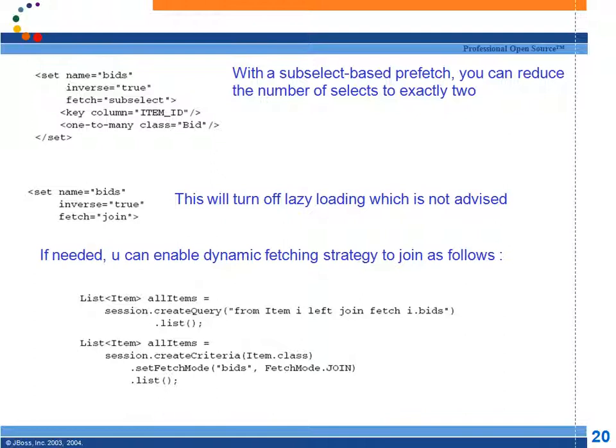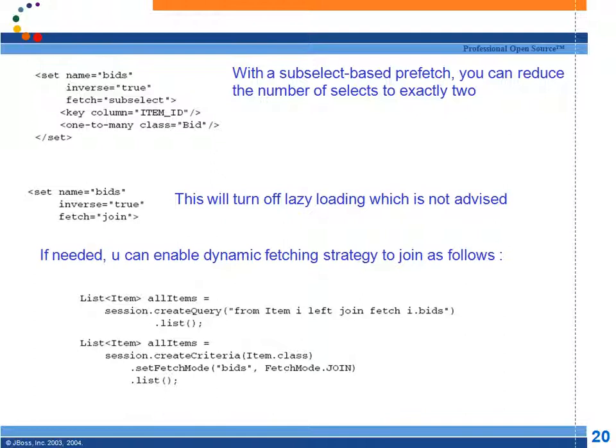One great strategy is not to hard code the fetching strategies inside the XML. Whenever you are writing queries, you can write join there, when you are saying whether to eagerly fetch by joining or not. So whenever you want to use fetch equals join, it is better to write it inside a particular query instead of writing it inside the XML.